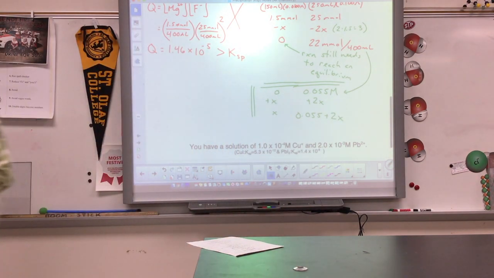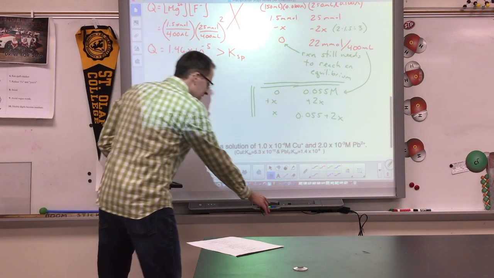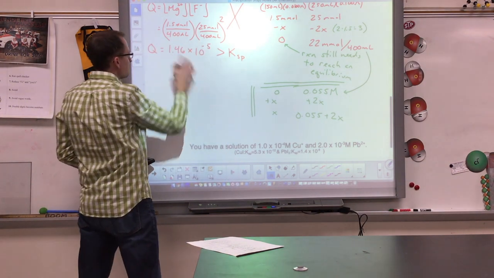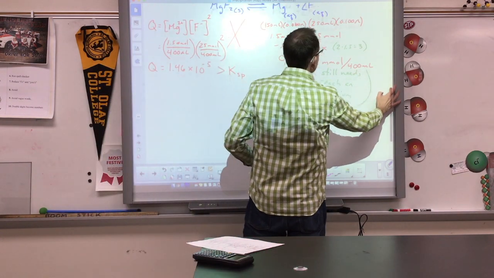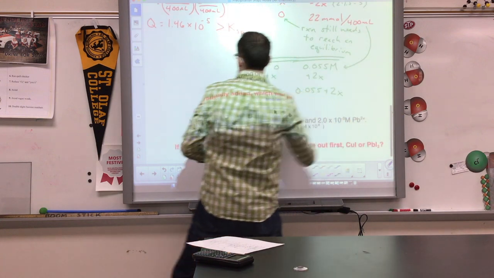If you're looking at that, you probably recognize that it looks a lot like other equilibrium expressions that we've done in the past. So what we need to do now is plug that into an equilibrium expression. I'll just do it on the side here. I'm going to be utilizing my Ksp. Let's look at it. My Ksp is 6.4 times 10 to the negative 9th.